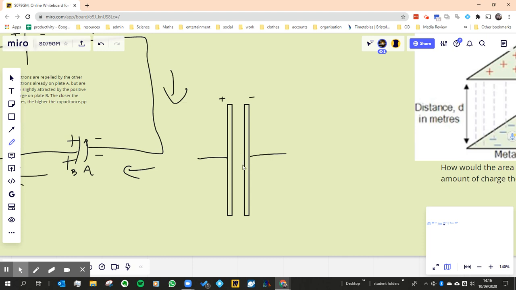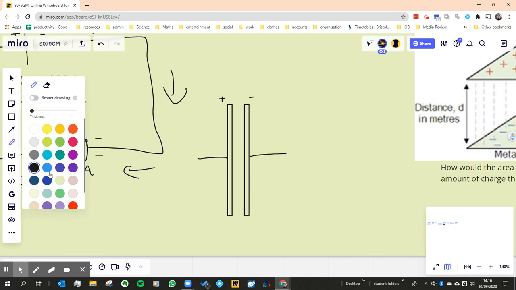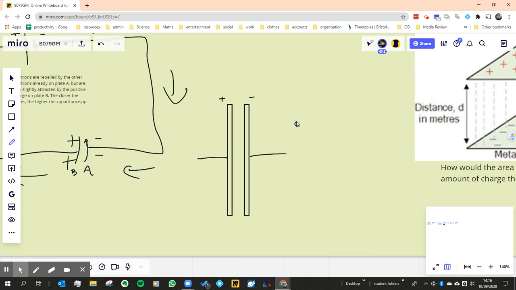Let's see if I can draw some little electrons. Let's say that's an electron, or that's an electron there. We can just start pulling them on there like this. Now, as I'm trying to put more of these on, the next one is going to be repelled by those, right?